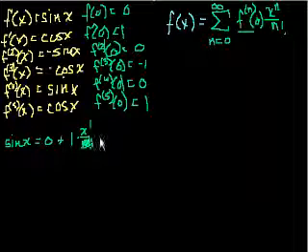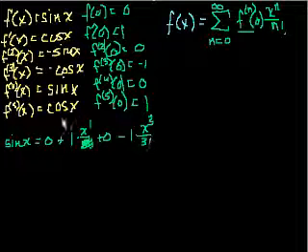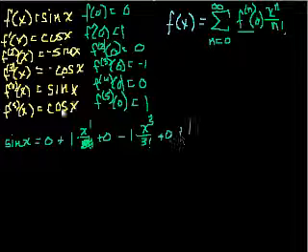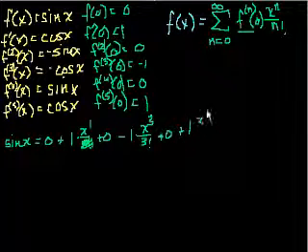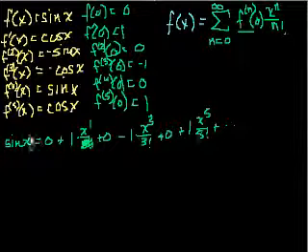And then we have plus 0. And then we have minus 1 times x to the third over 3 factorial, because this is the third derivative, right? And then we have a 0. And then we have a plus 1, and this is now the fifth derivative, so x to the fifth over 5 factorial. And we'll just keep going, but I think you see the pattern.